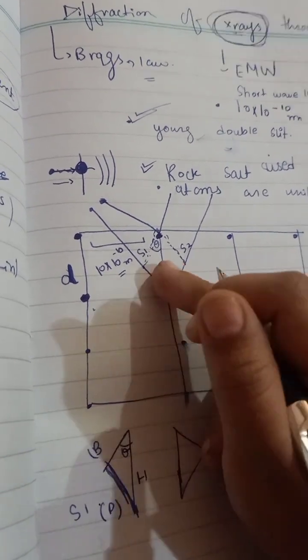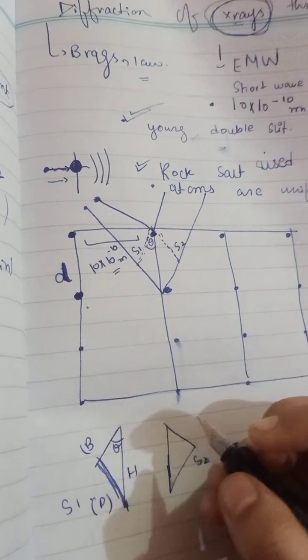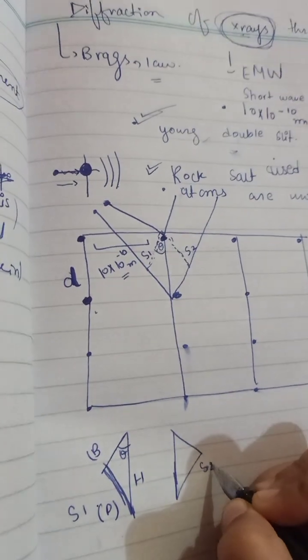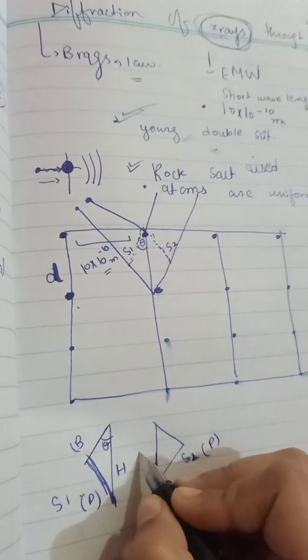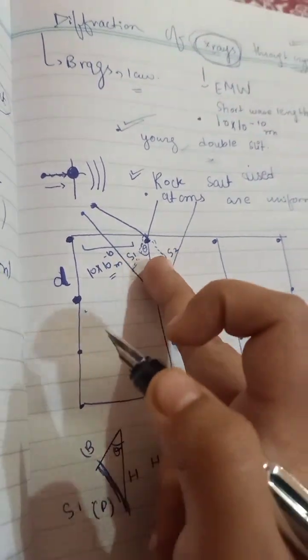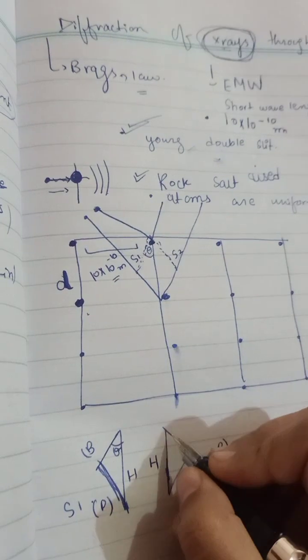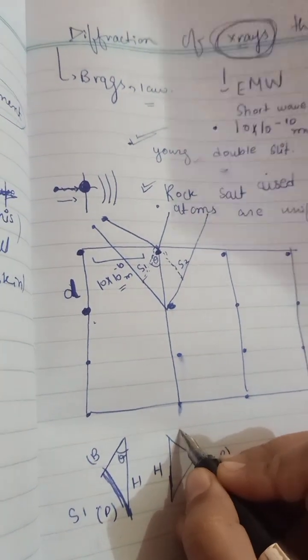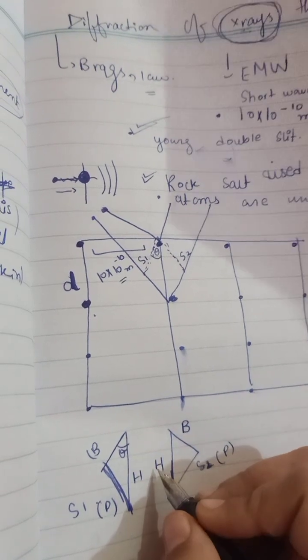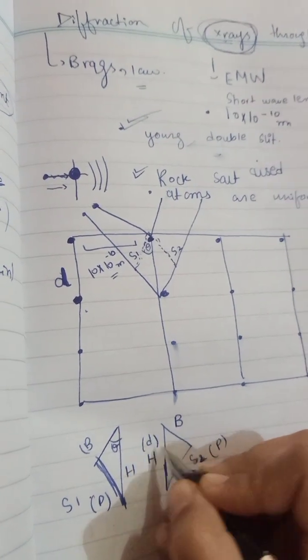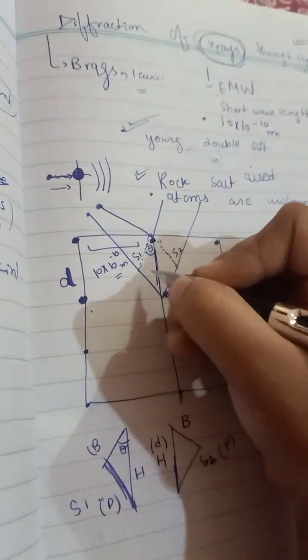This is the one angle, S1. This is S2, which means the perpendicular. The hypotenuse is d because of the distance d here.